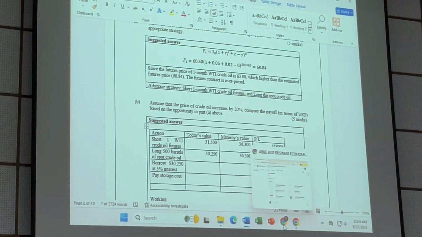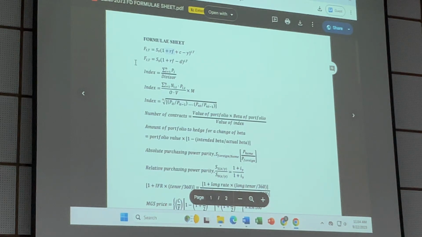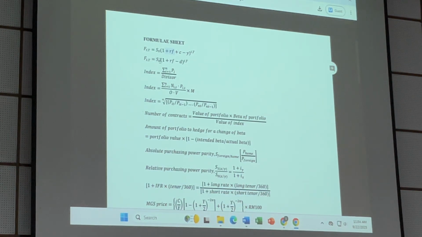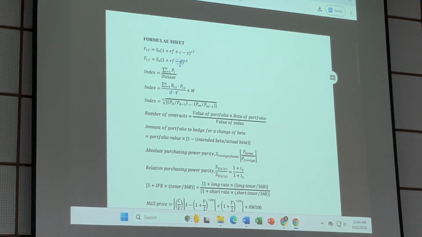But what if you want to calculate the stock index future or single stock futures? Then you have RF and D. One is positive, one is negative. You can refer back to the arbitrage tutorial for the payoff.